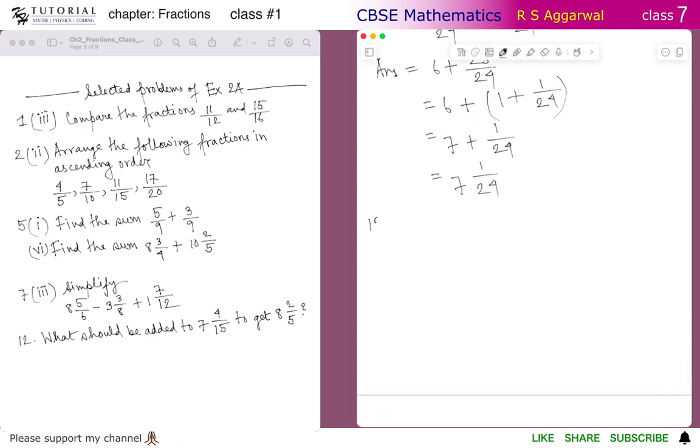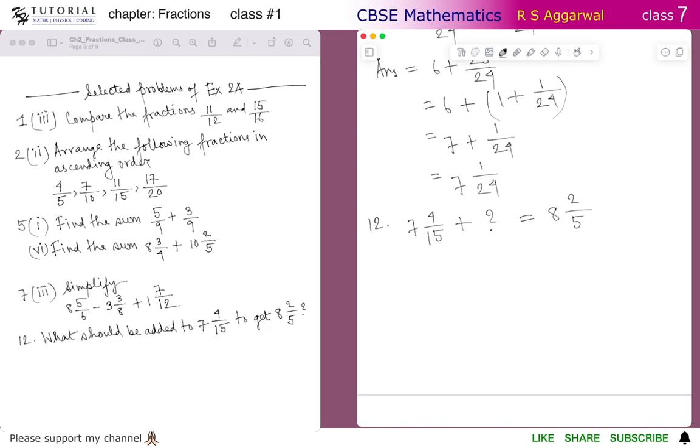The last problem, 12, it says what should be added to 7 and 4 by 15 to get 8 and 2 by 5? Okay, fine.